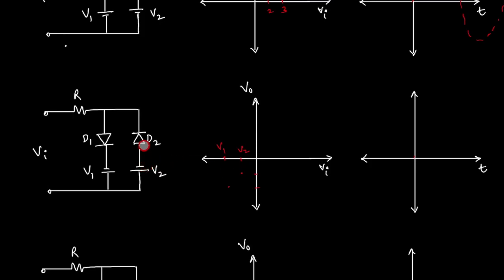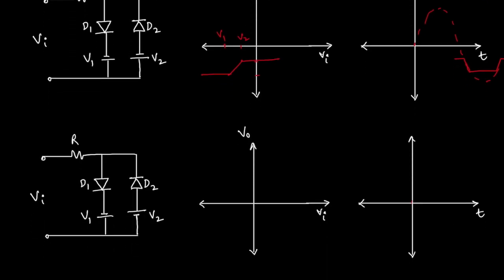For V2, since it is negative, below means downwards, but since it is negative it is opposite, so this is the slope, and according to that we get this.